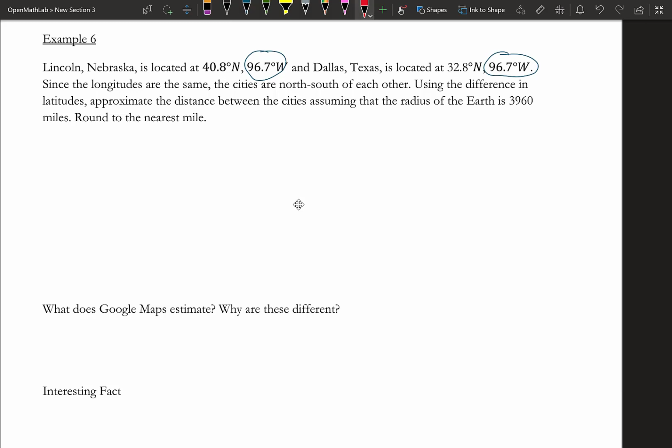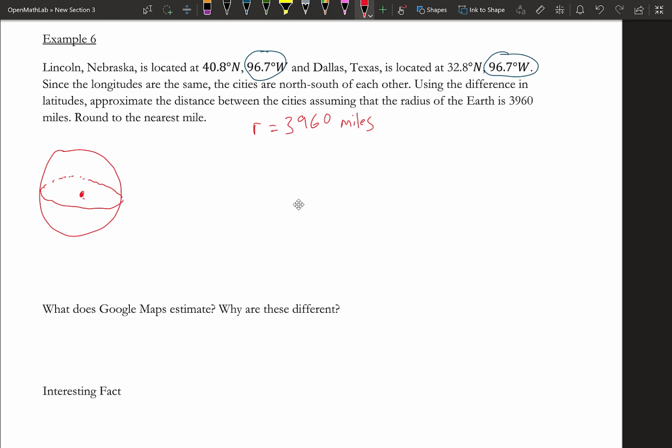Let me make a note of that. The radius is equal to 3,960 miles. If you want to draw a picture of this, I'm not a great artist, but essentially we have this sphere.